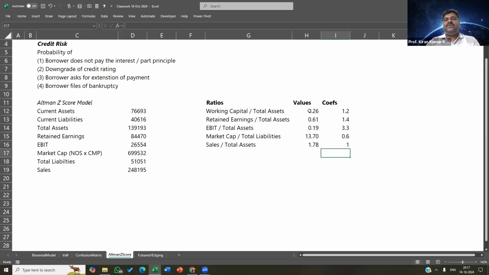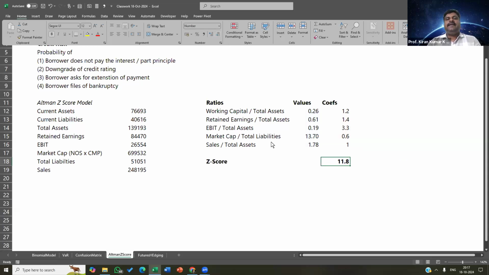Okay, so all we have to do is multiply 1.2 into 0.26 plus 1.4 multiplied by 0.61, etc. That would give me the Z score. So let me put a sum product function, sum product of the values multiplied by the coefficients. So the Altman Z score for this company that we are working on is around 11.80. Okay. Now, how do we interpret this?